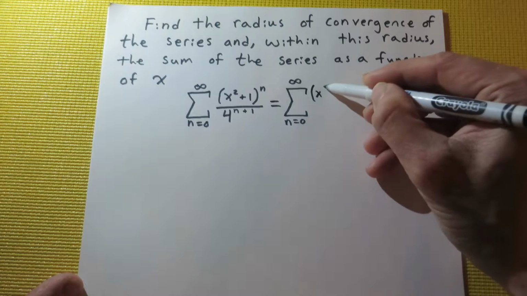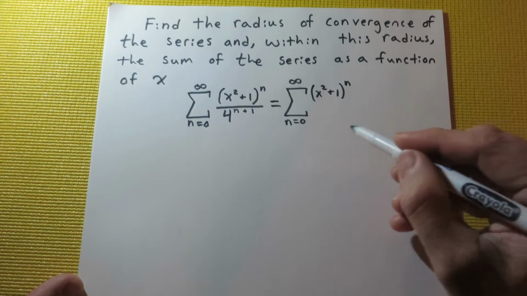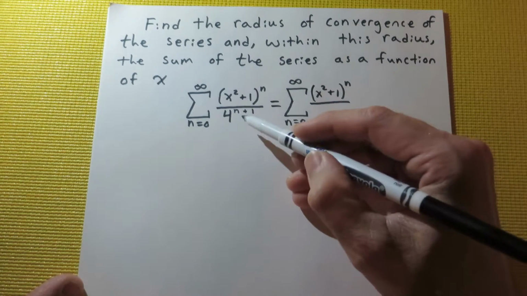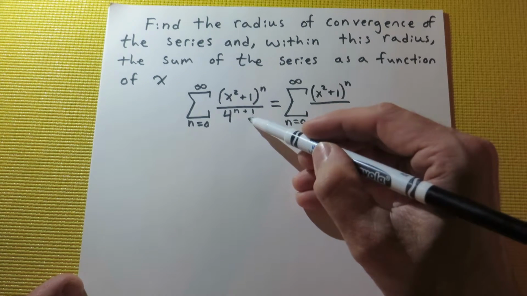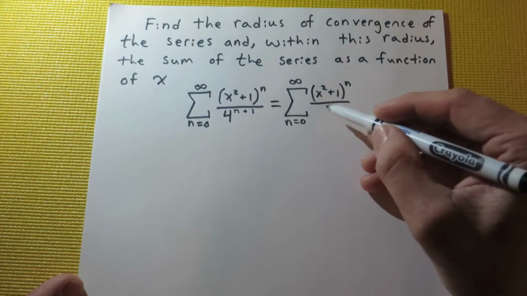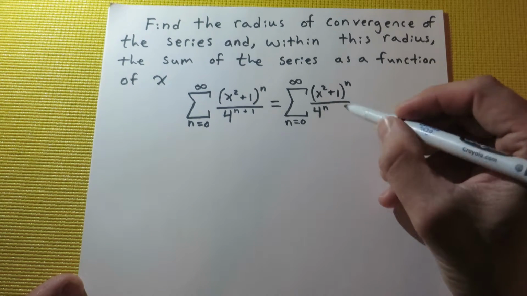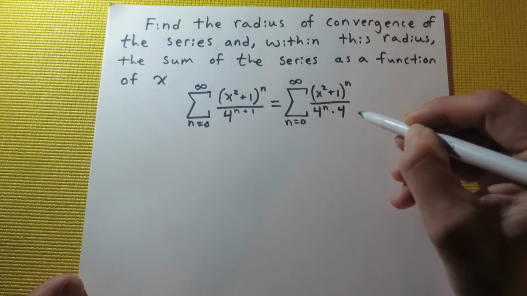We can keep the numerator the same, x squared plus 1, all that to the nth power. Down in the denominator we can separate the 4 to the n and the 4 to the 1 power, which gives us 4 to the nth power times 4.